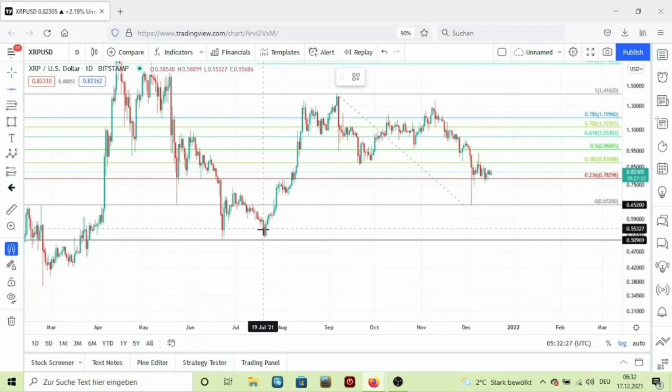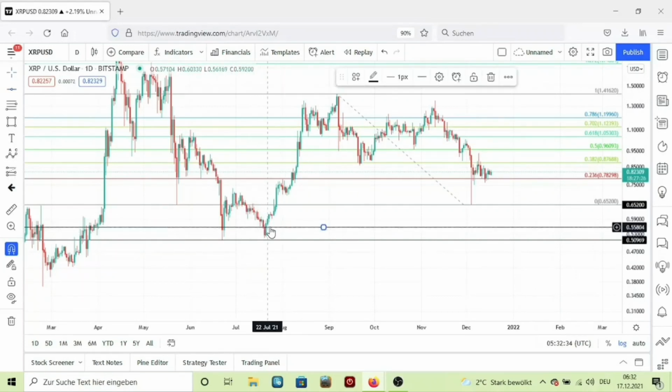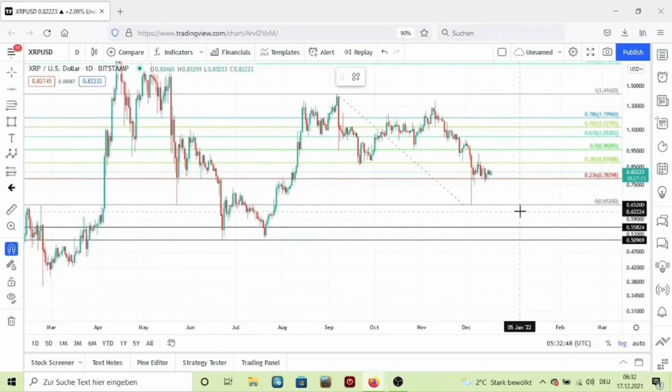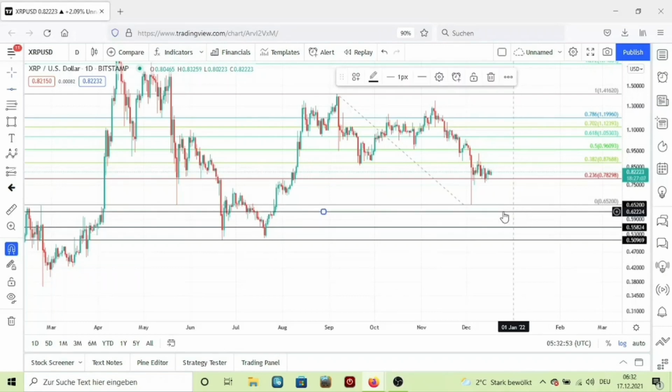I think Rusty's order is somewhere around here on this particular level. So about 56, and the 1.618 of the ABC here is somewhere around here. So two pretty key levels.